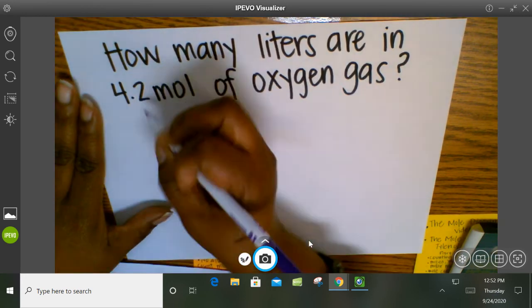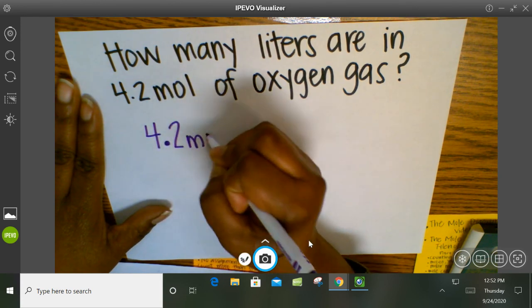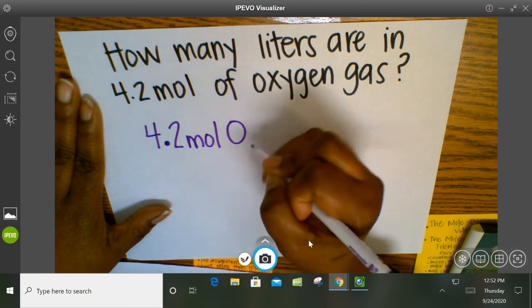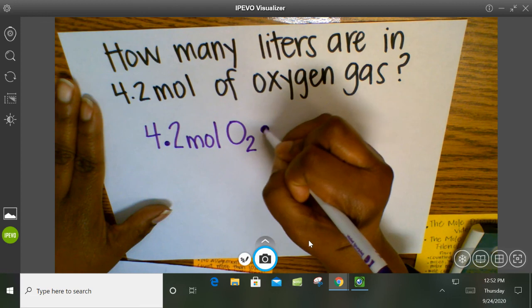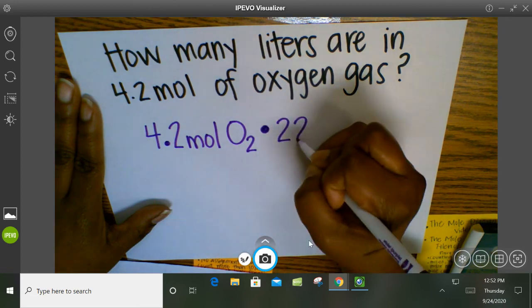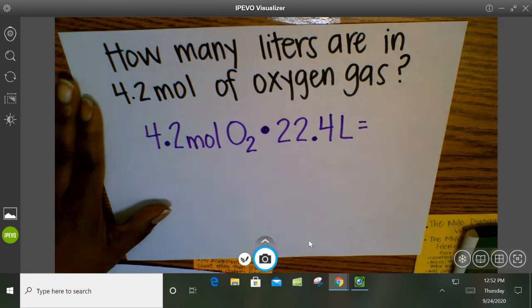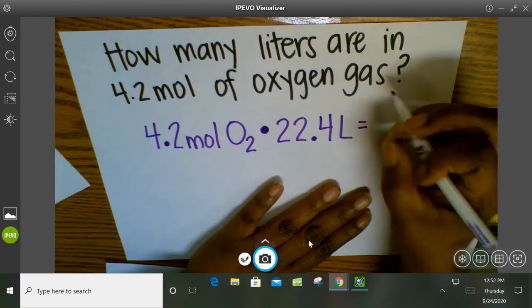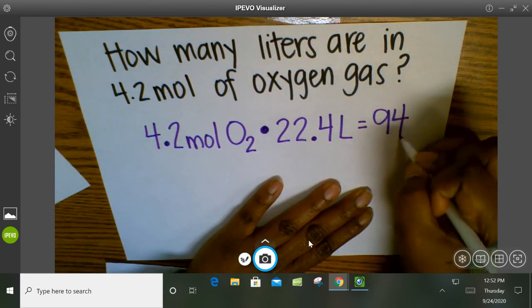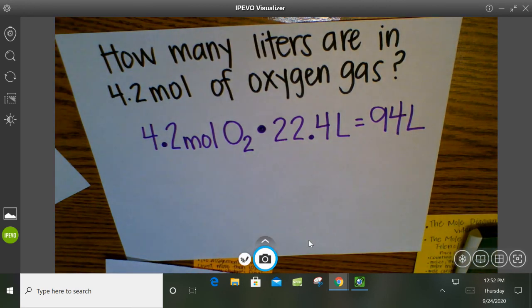So it's going to be 4.2 moles of oxygen gas. Oxygen's one of the 7 diatomic elements, so it's going to be O2. I'm going to multiply that by 22.4 liters, and I get 94 liters of oxygen. How did you do?